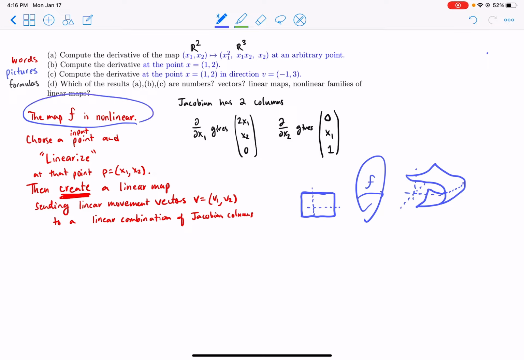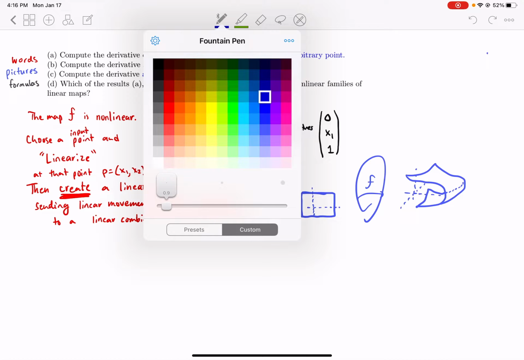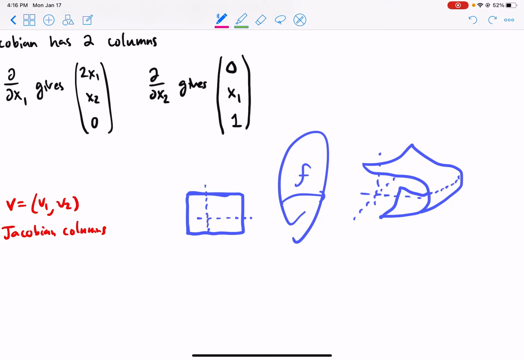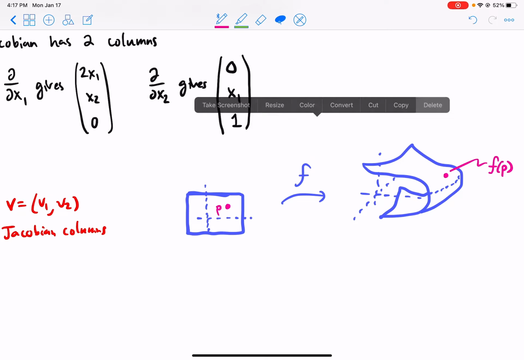But if we actually pick a point here, like that point, how about a pink point. This point here, P, and then somewhere will be F of P. Maybe F of P will be here.